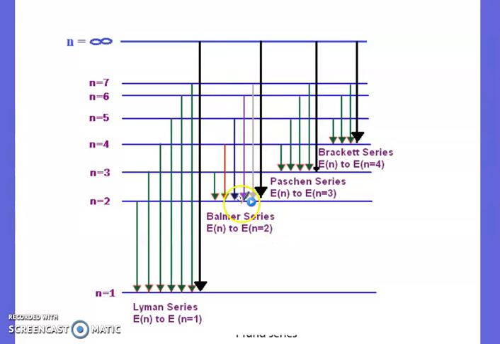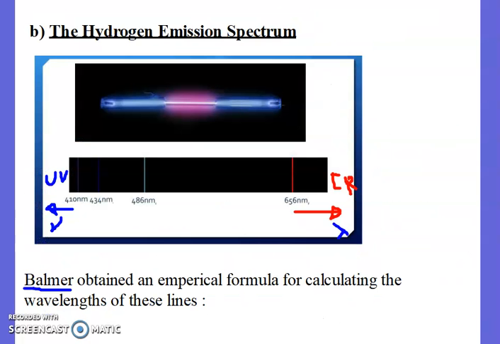Now let's come to Balmer. 3 to 2 we obtain red. Remember in the example, from 3 to 2 we obtain the red, 656 nanometer. Now 4 to 2 you obtain the blue, the next one here. 5 to 2 you obtain the indigo. 6 to 2 you obtain the violet.